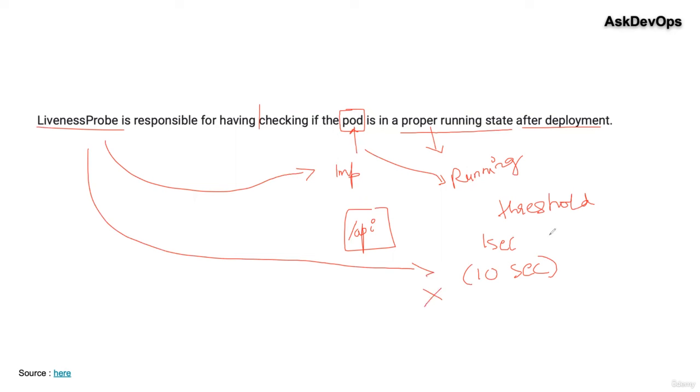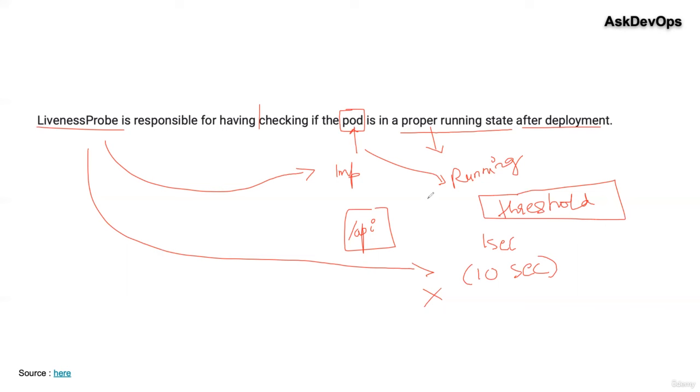It will think that the pod is having some issues. Hence, you can set a threshold so that it will wait and retry after some time, and it will check a couple of times before actually declaring that we have some issues with the pod. This is important and it is customizable based on your application.